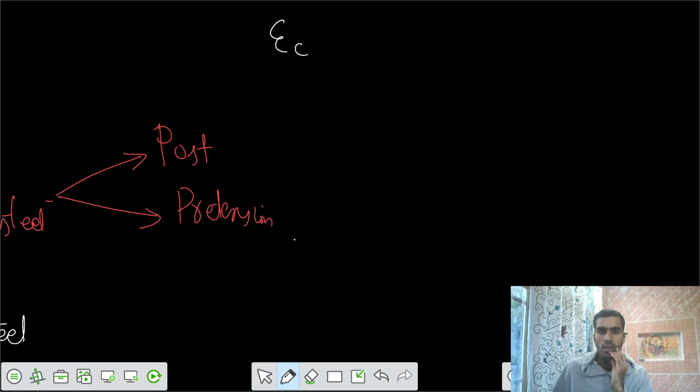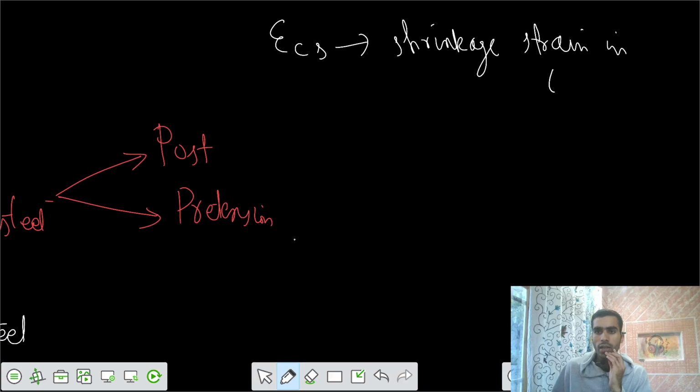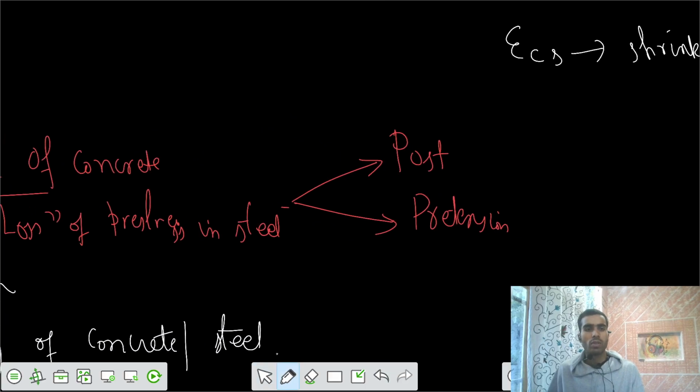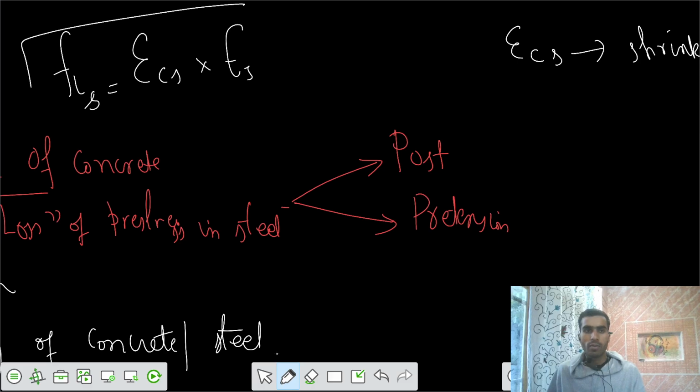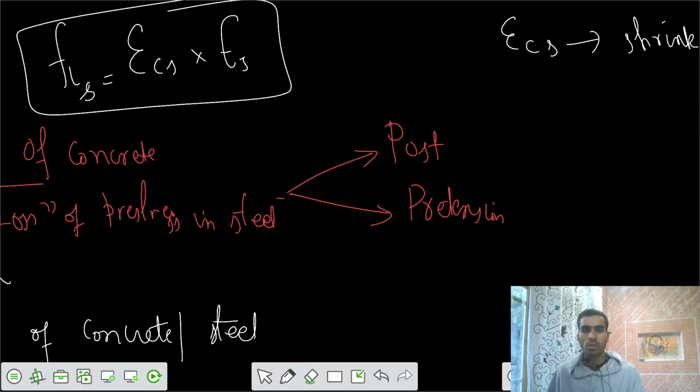This is the shrinkage strain in concrete, ECS. So the loss of stress because of shrinkage is equal to the shrinkage strain into the modulus of elasticity of the steel. This is the loss of stress.